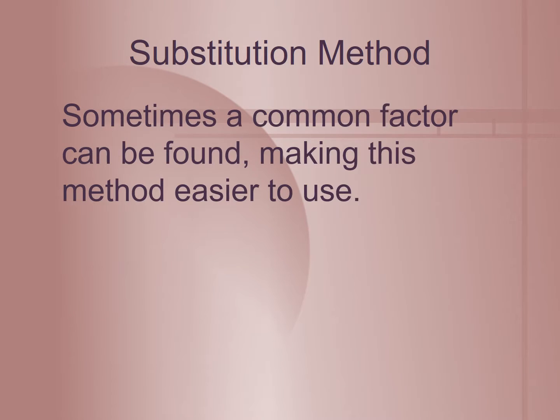Now the substitution method can sometimes be used whenever you find a common factor, and then things are still pretty simple. So for example 1, we have 3x plus 7y equals 34, and 2x plus 4y equals 20.